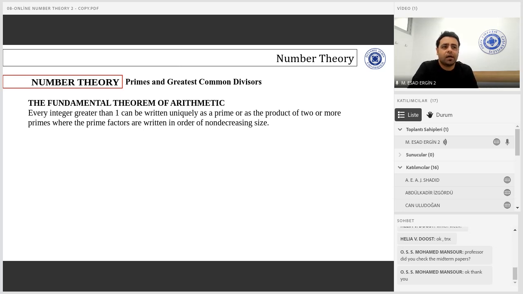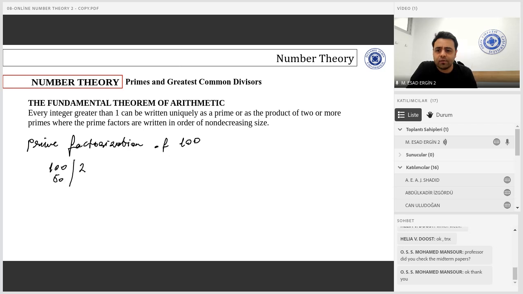if we want to find the prime factorization of, for example, 100, how do we do this? 100, we can divide it by 2, it will be 50. Divided by 2, it will be 25.